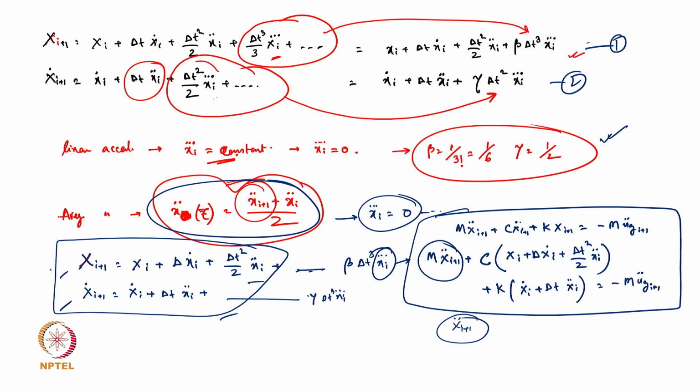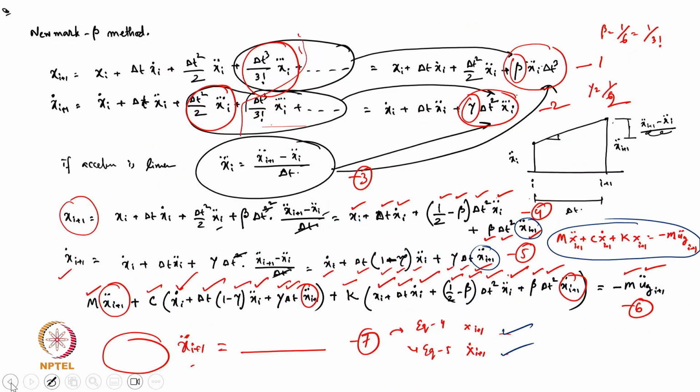That x_{i+1} and x dot_{i+1} have no term of x_{i+1} double dot. In the last case, they all have a term of x_{i+1} double dot, like in equation 5 and equation 4. But here, that x_{i+1} double dot term is missing.